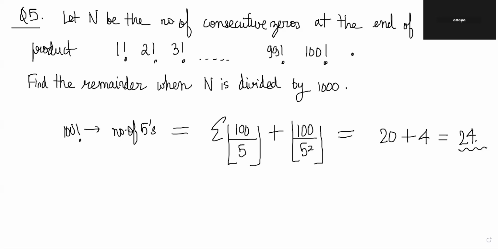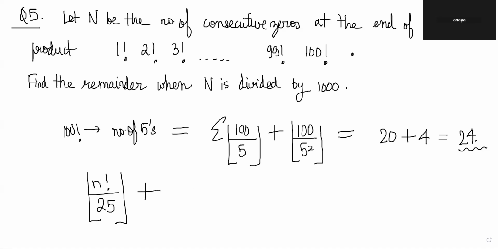If you want to find the number of 25s in n factorial, you have to do the same thing: n factorial by 25.